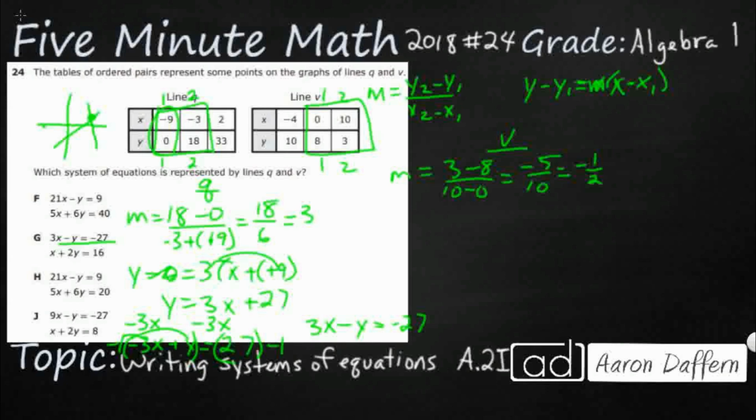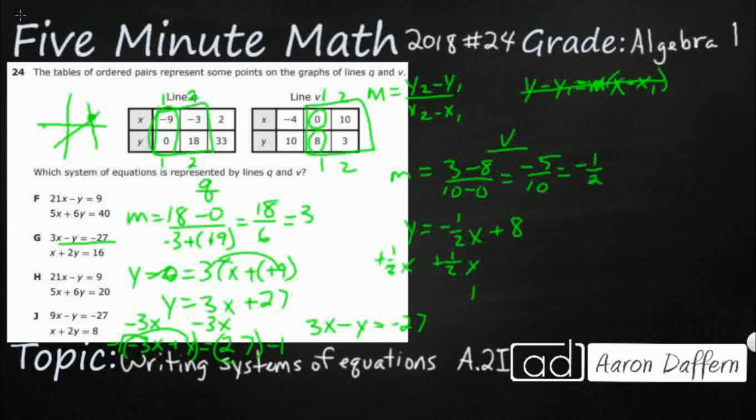And look, I've already got my y-intercept. A y-intercept is what happens when x is 0. If x is 0, then what's that y? That's the y-intercept. So I can say y equals negative 1/2 x plus 8 if I want to go straight to my slope-intercept form. So I don't really need that. What I do need to do is get it in standard form. So let's add 1/2 x to both sides.